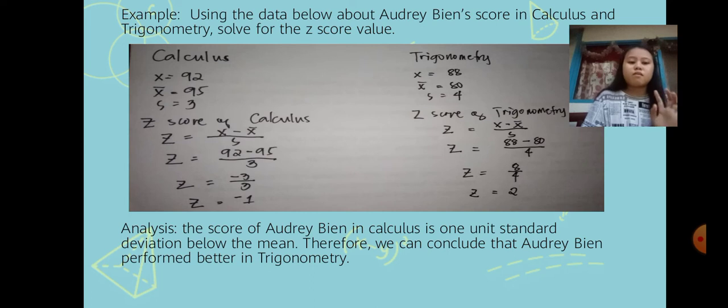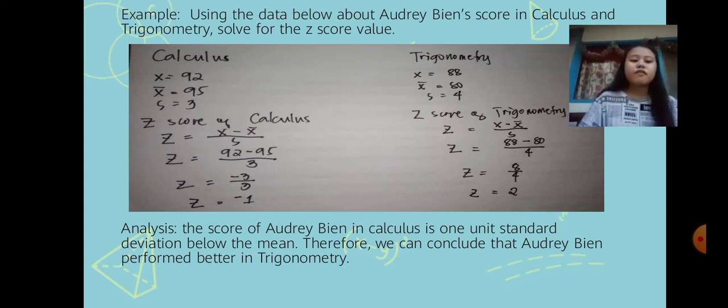So 8 divided by 4 equals 2. Therefore, the score of Audrebien in calculus is 1 standard deviation unit below the mean. Therefore, we can conclude that Audrebien performed better in trigonometry.